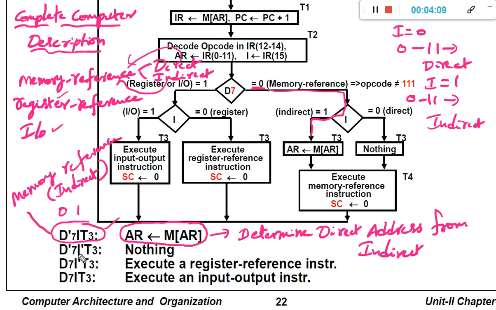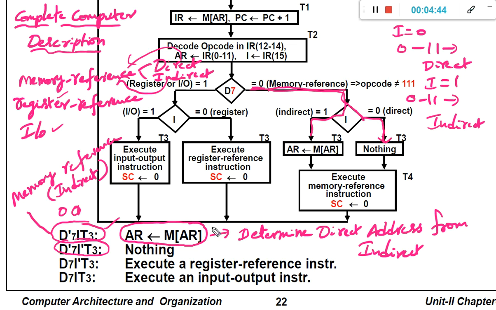The next code is D7'I'T3. Here the D7 dash value is 0, I dash value is 0, and T3 is the clock cycle. So 0 0 is the value. Here you can see D7 is equal to 0, and now I is 0. Then what we need to do?